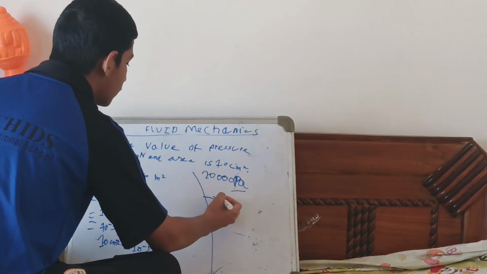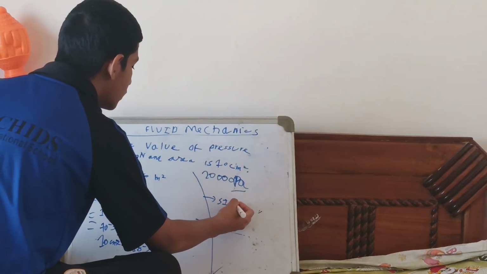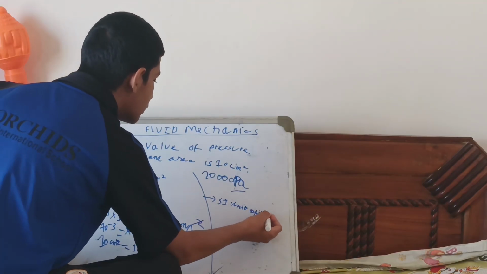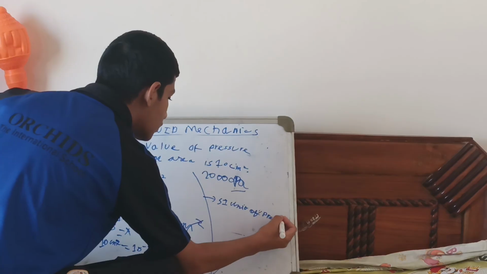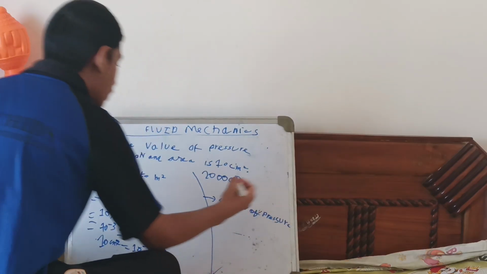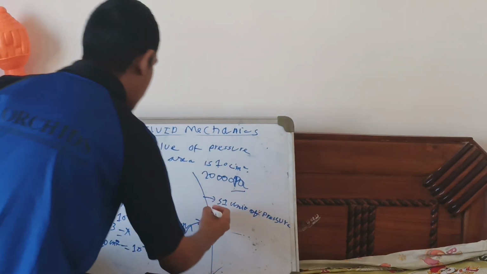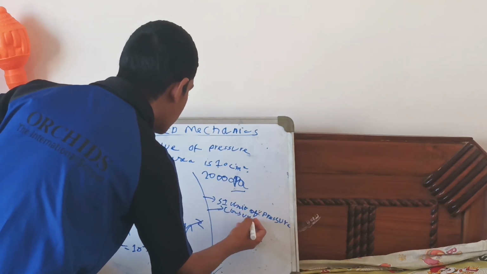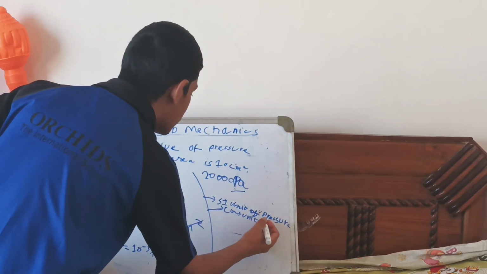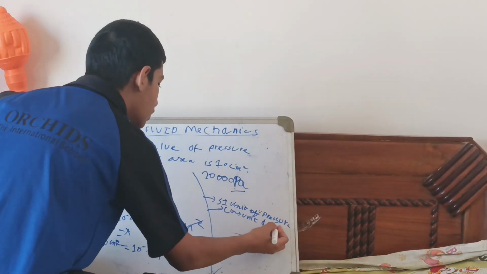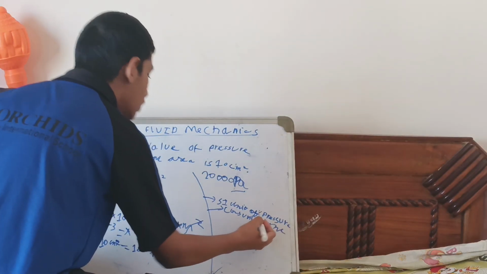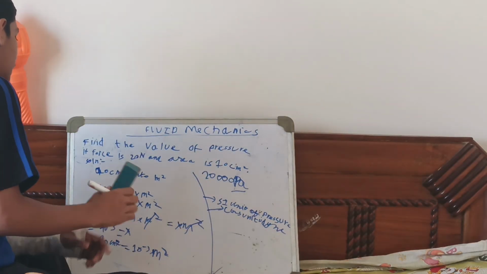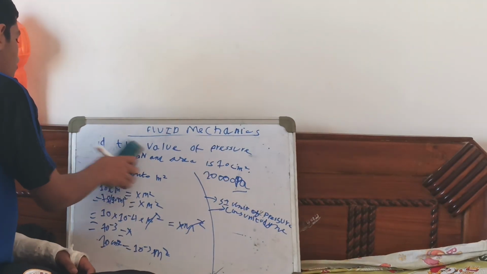Pascal is the SI unit of pressure and the CGS unit is different. I hope you understood. Now next one we will do.